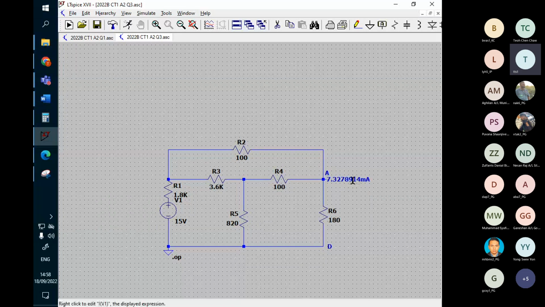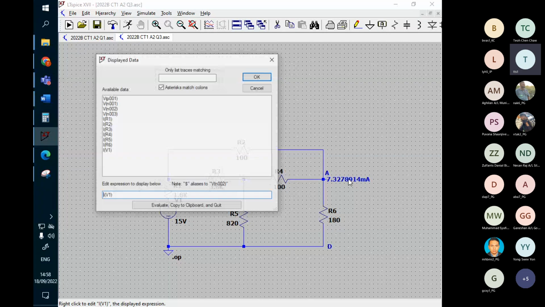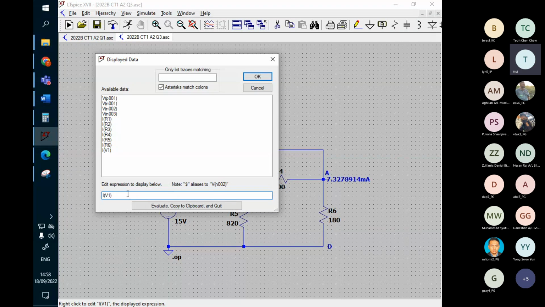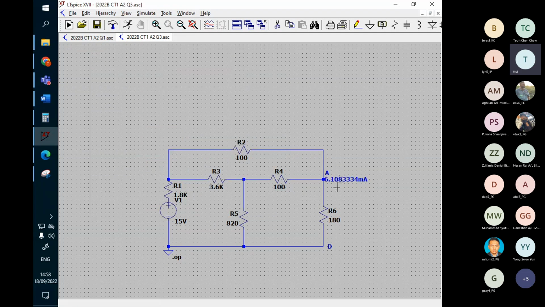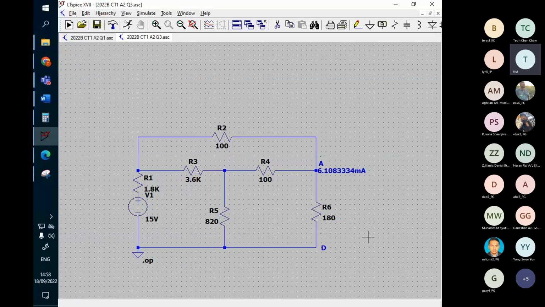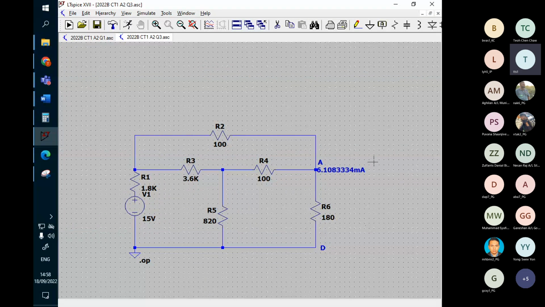Okay, so if this is the current flow to the RL, we need to make sure it is the current flow through R6, not the current flow to the V1. R6. So it must be this one. You need to change it. Okay, so I've already confirmed this is the answer.